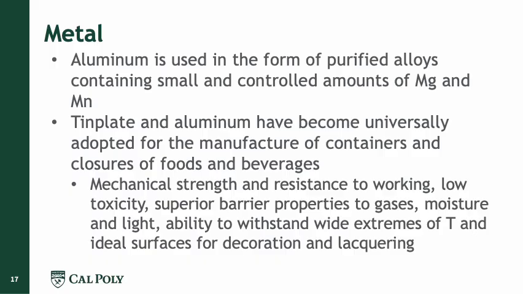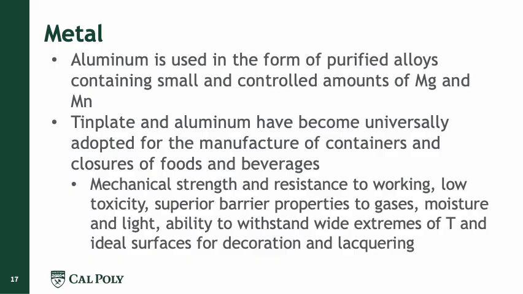And both metals are very good materials because they have very good mechanical strength. They have low toxicity. They are a very good barrier to gases like oxygen in the environment. Also very good to avoid transfer of moisture and light. They can also withstand very extreme temperatures.